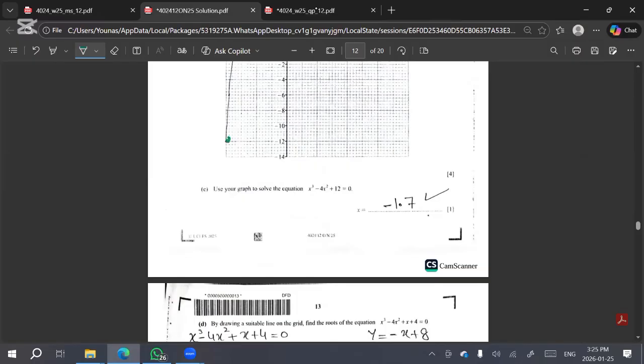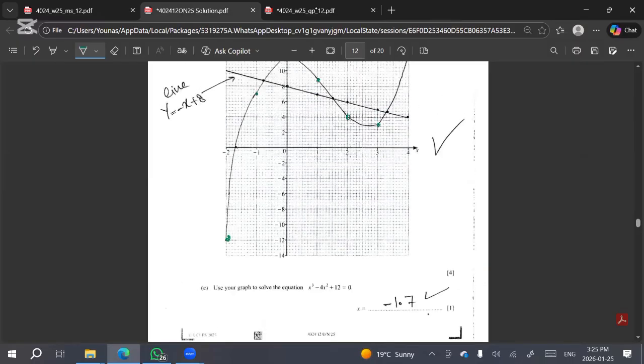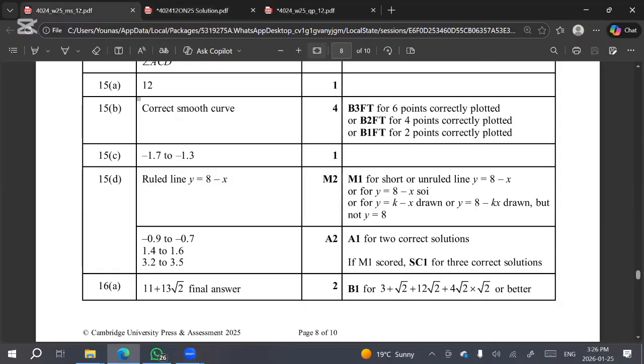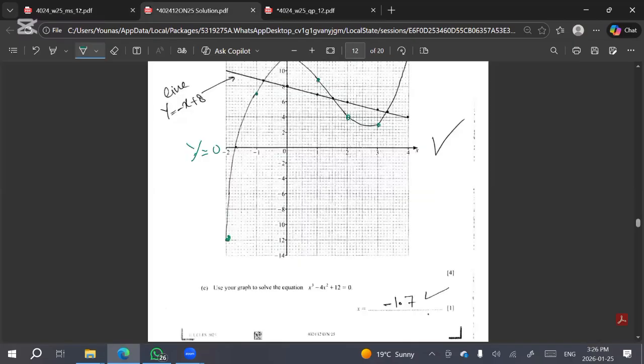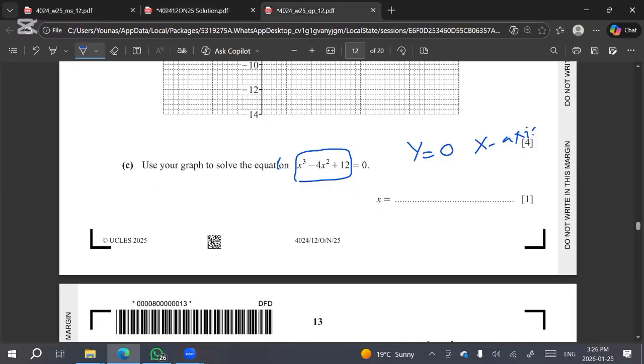Minus 1.7 is the answer, sir. Where the curve cuts the x-axis, because the equation of this axis is y equals 0, that is the point. They said the answer will be from minus 1.7 to minus 1.3. So our answer is minus 1.7, which is right, sir.